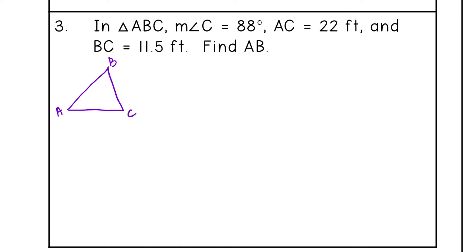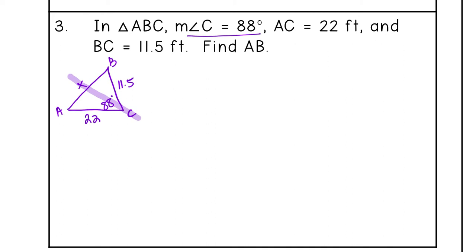And they're telling us that the measure of angle C is 88 degrees, AC is 22, and BC is 11.5. Find AB. So AB is this slant here. So again, whatever you're looking for, you need to know the angle across from it, which we do.